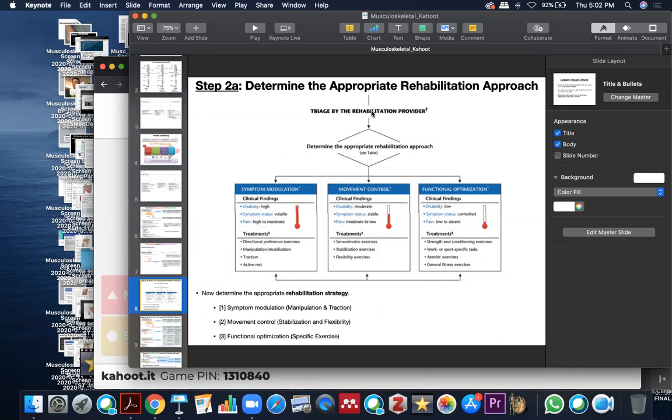And then you have self-management, which I don't envision him having many questions on. But once you decide that they're appropriate for PT, so the rehabilitation, then you have to choose whether it's symptom modulation, movement control, or functional optimization. And so basically that's manipulation, stabilization, and then specific exercise respectively.